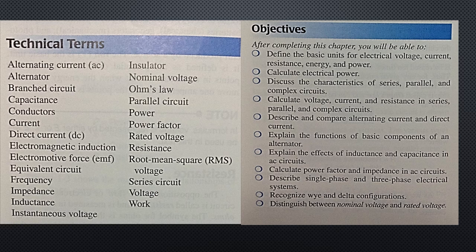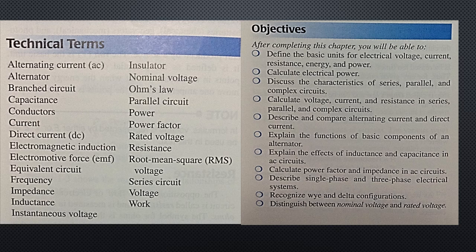Technical terms of this chapter are alternating current (AC), alternator, branched circuit, capacitance, conductors, current, direct current, electromagnetic induction, electromotive force or EMF, equivalent circuit, frequency, impedance, inductance, instantaneous voltage, insulator, nominal voltage, Ohm's law, parallel circuit, power, power factor, rated voltage, resistance, root mean square or RMS, series circuit, voltage, and work.